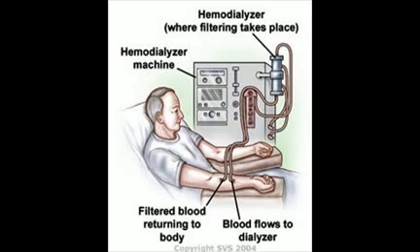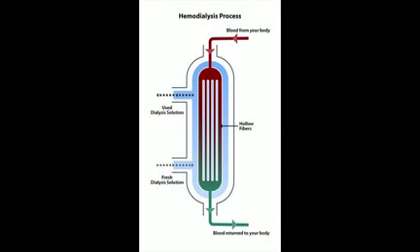Now, the principle of working of a dialysis machine is like this. The blood from an artery in a patient's arm is made to flow into the dialyzer of a dialysis machine made of long tubes of selectively permeable membrane like cellulose.